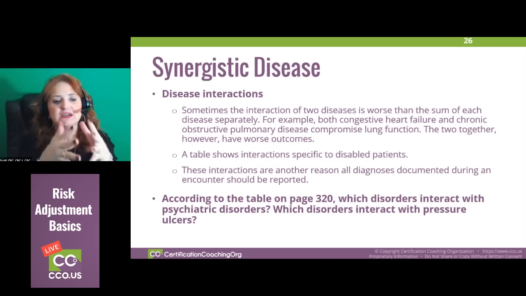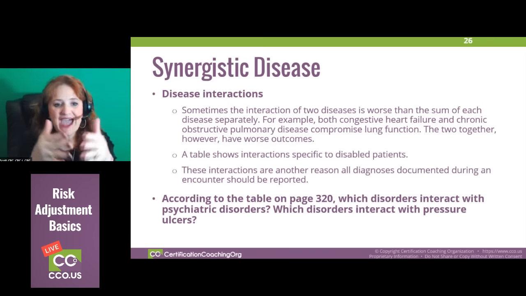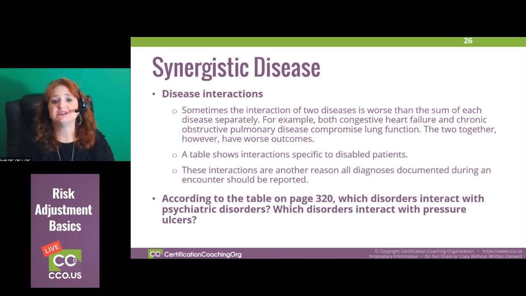So how do diseases interact with each other? This is a pretty classic one. You've got an example of CHF and COPD, right? COPD is the lung, CHF is the heart. When you have them together, then of course the outcome possibilities for that patient are at a higher risk.